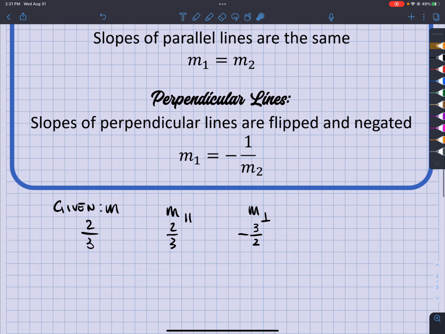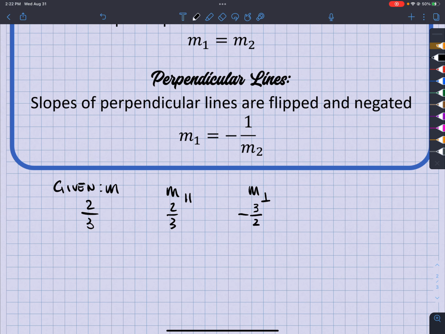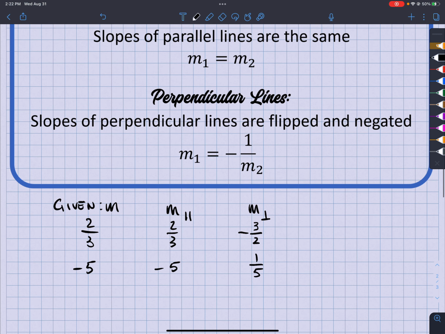Okay? Let's try another one. Let's say it was -5. If it's parallel, then it's still -5. But if it's perpendicular, again, we can write this as a fraction. That's -5/1. Flip that would be 1/5. Negate it. Since it's negative, it is now positive 1/5. So that is what this is trying to say about flipped and negated.